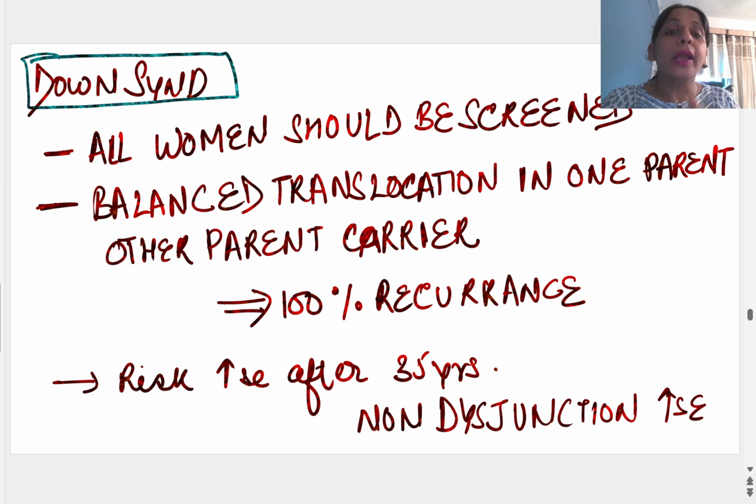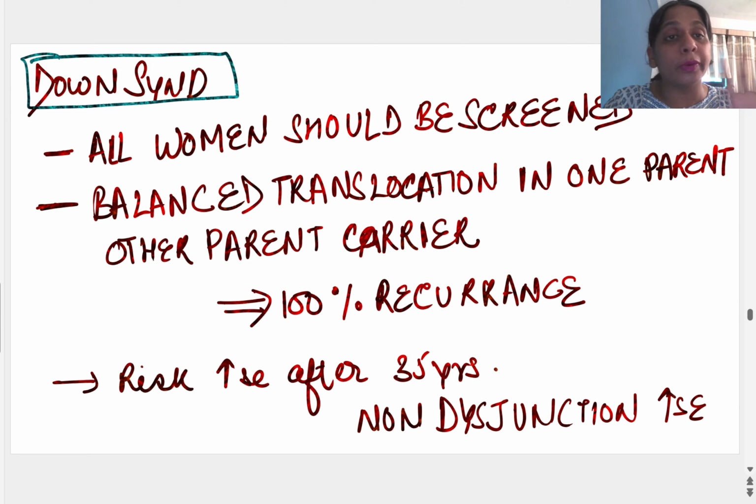Okay. Now in Down syndrome there is trisomy of 21. If that trisomy is due to balanced translocation, and the balanced translocation is present in one parent and the other parent is a carrier, then 100% recurrence will occur in another child.